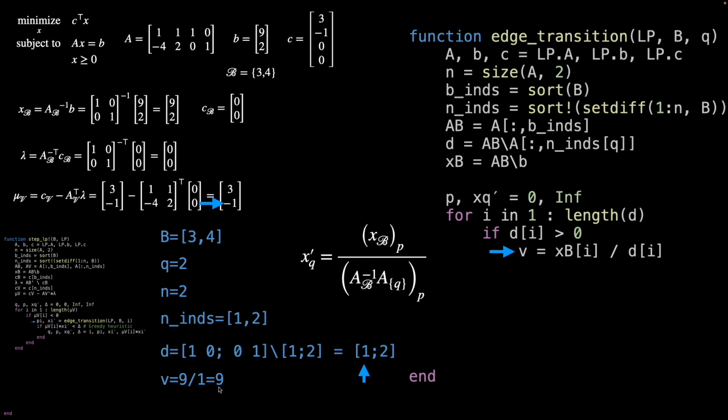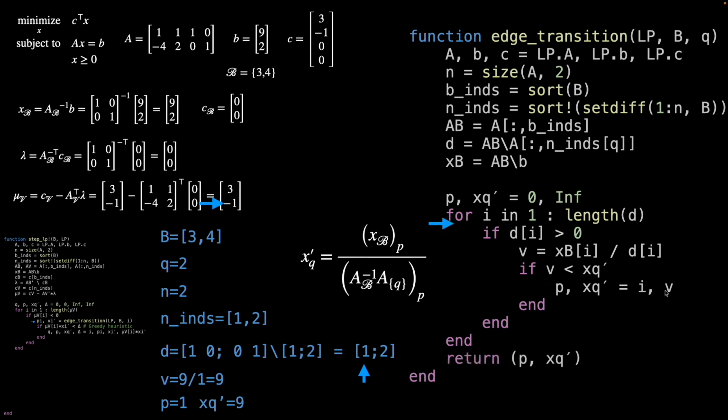So 9 divided by 1 is 9. We then check, is that value less than the best XQ prime we've seen so far? Well, it was initialized to infinity, so yes, it is less than that. We're going to store that P XQ prime pair now as what we've currently seen. So P is 1, the corresponding index, and the value is 9.